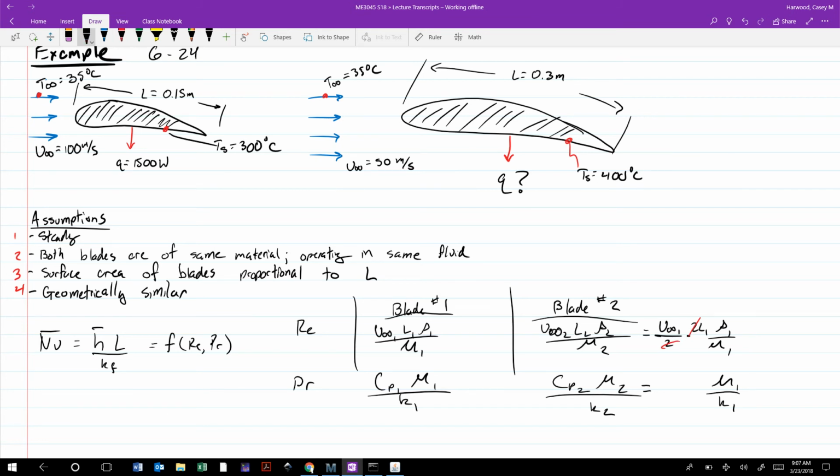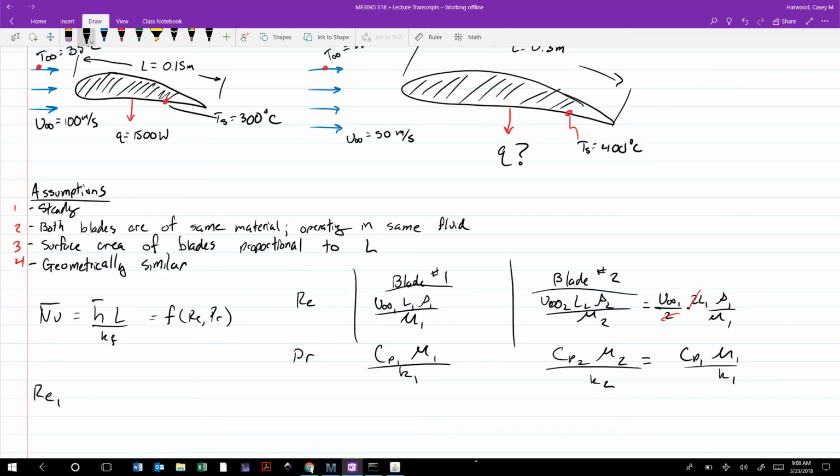For the Prandtl number, the CP is going to remain constant as well, because that's a fluid property. And so what we end up with is that if we compare U infinity 1, L1, rho 1 over mu 1, the Reynolds numbers and the Prandtl numbers are the same in both cases.